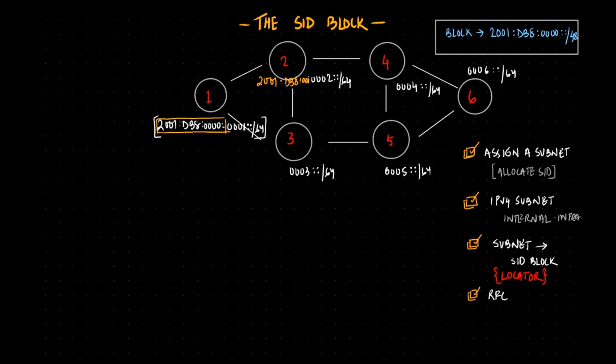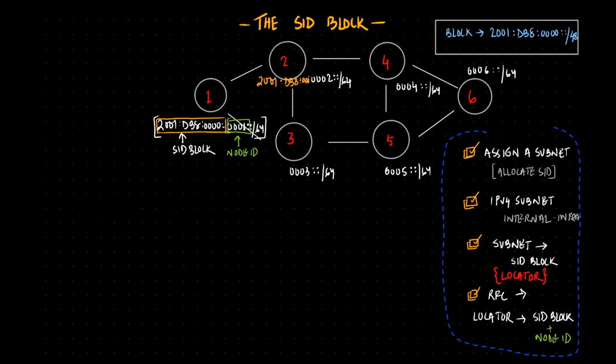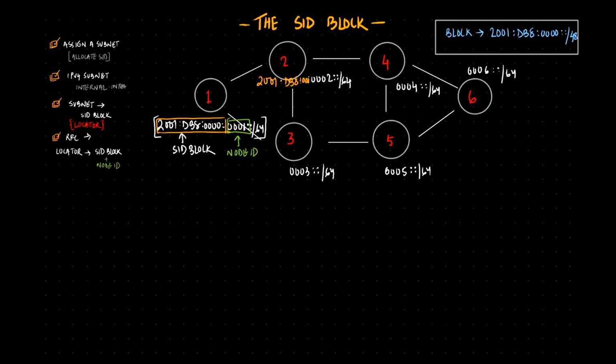As per the RFC, we will have a SID block, and with the SID block we will have a node ID as well. So the locator is the SID block plus the node ID, which is used as a whole as a locator in order to find the network, find the router basically. This is what the locator is.